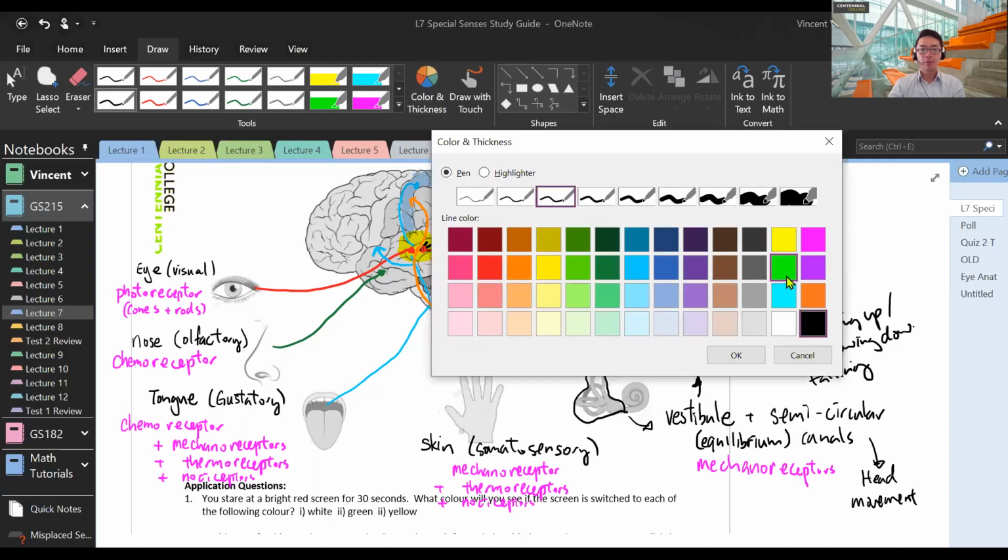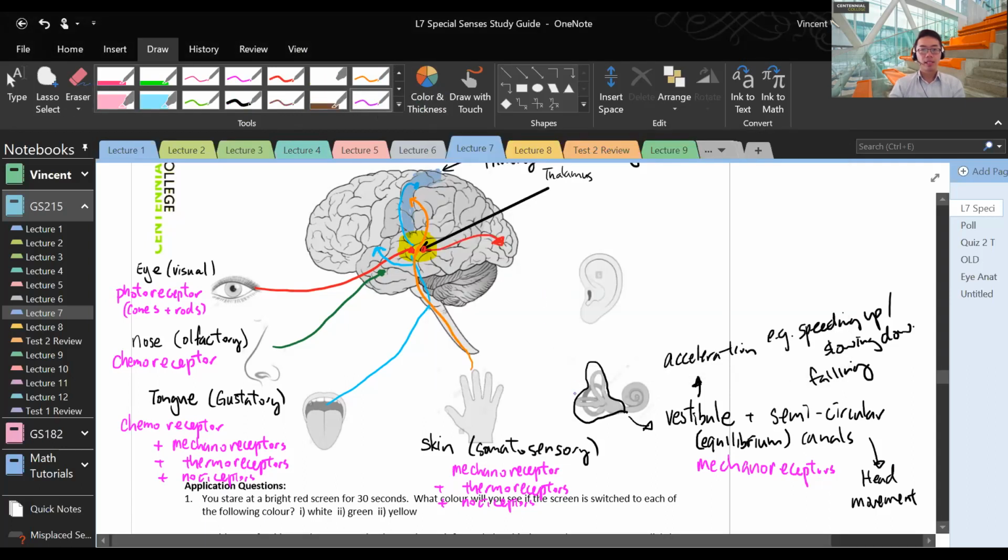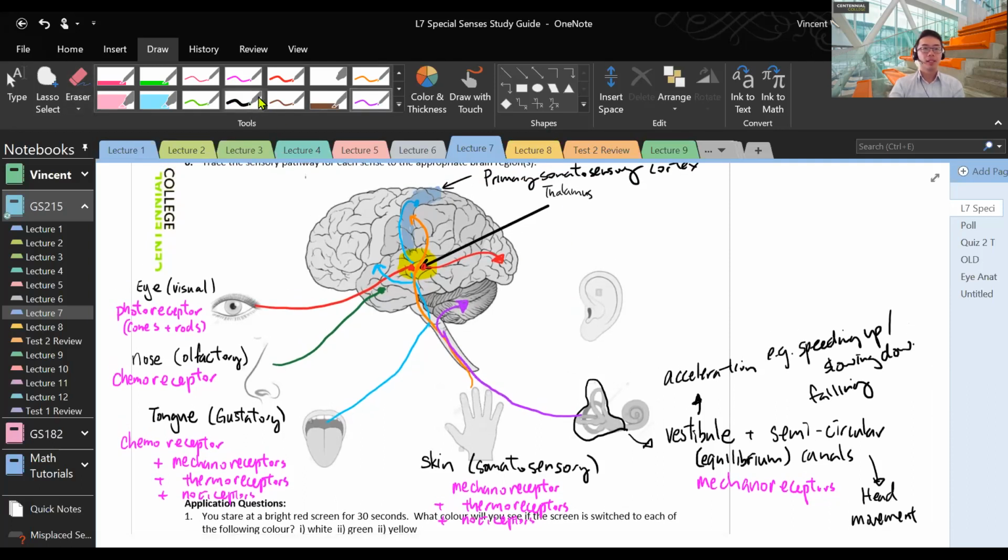Information related to equilibrium, where does it go in the entire brain? Mary says cerebellum. That is correct. Very good. So it's going to go right here. Almost balance information, so on and so forth.